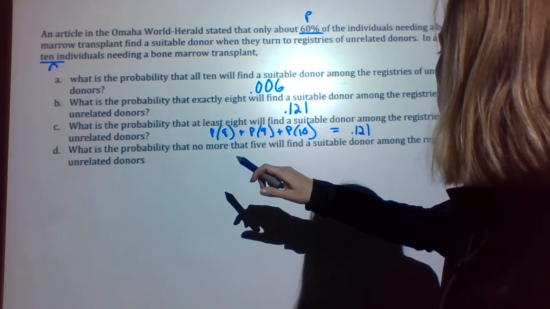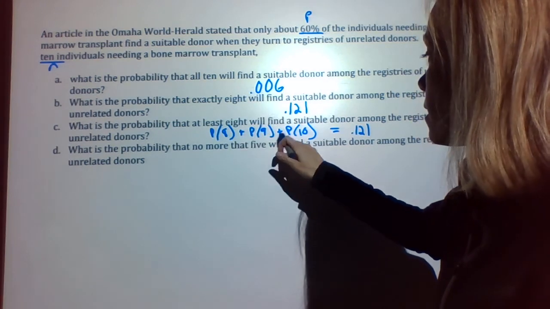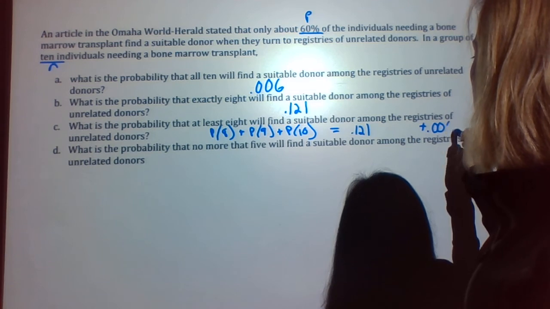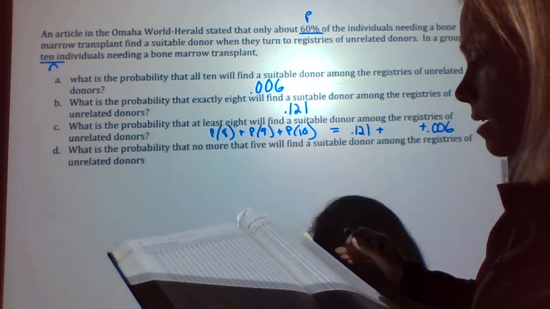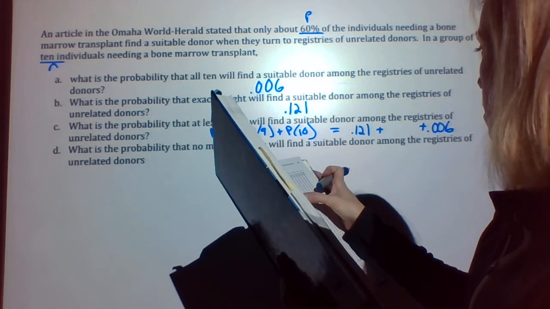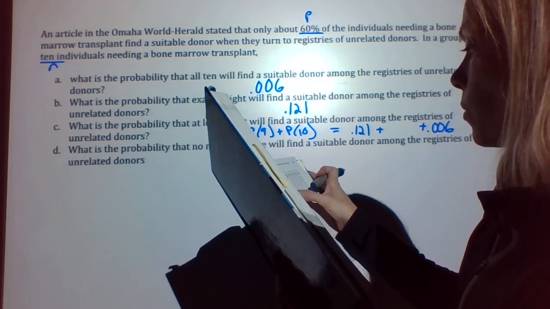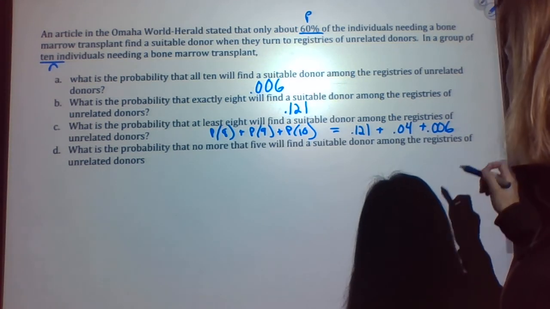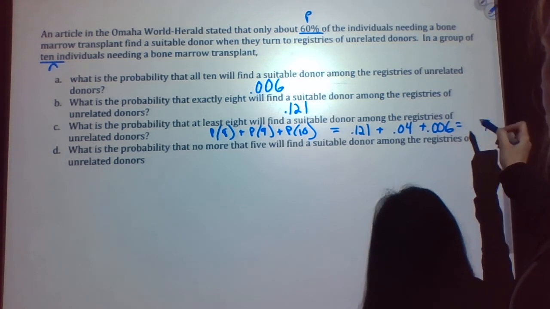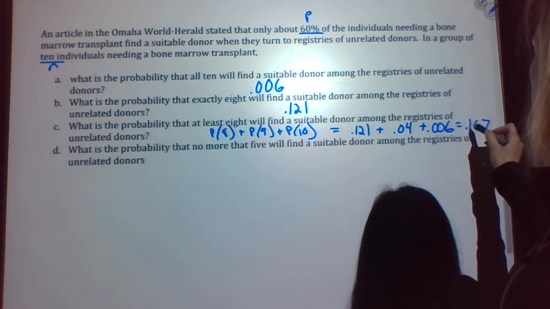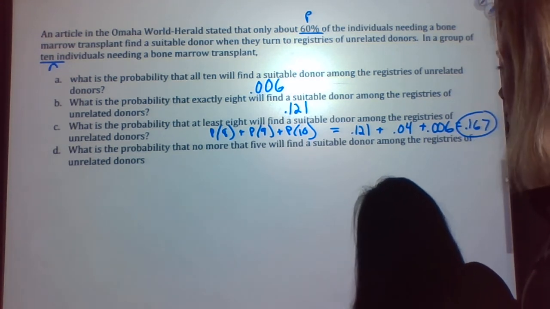I already have 10, that's the first one I did. So what I need is 9. So the 9 would be 0.04. Right, so I add those together. 0.121 plus 0.04 plus 0.006, 0.167 then is my probability.